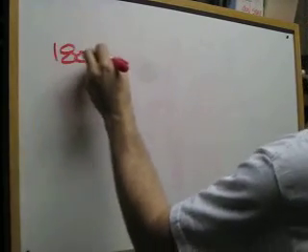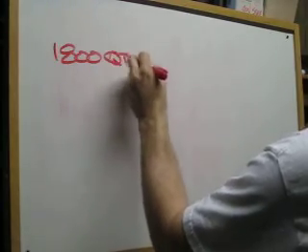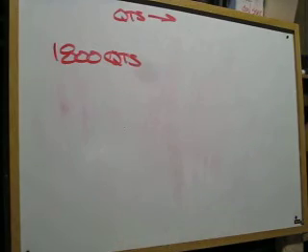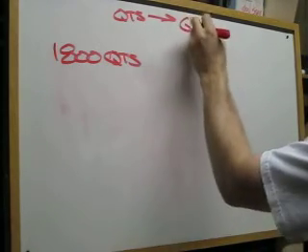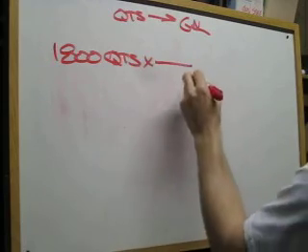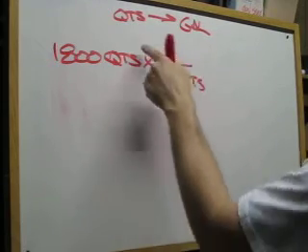If you look at the top of the next page, we're dealing with a lot of quarts. In fact, we have 1,800 quarts, and we're changing quarts to, what does it ask for? How many gallons? So we're changing from quarts to gallons. So line 1, because we don't have an exponent up here on quarts.